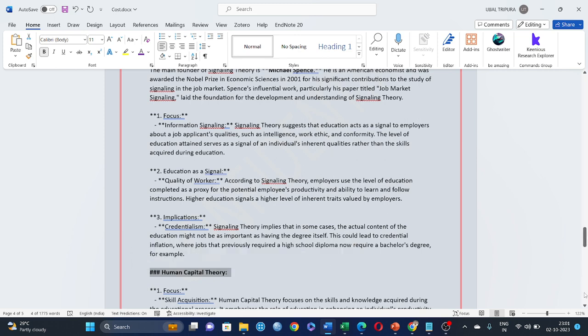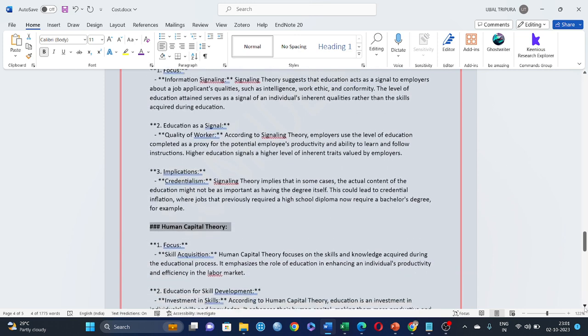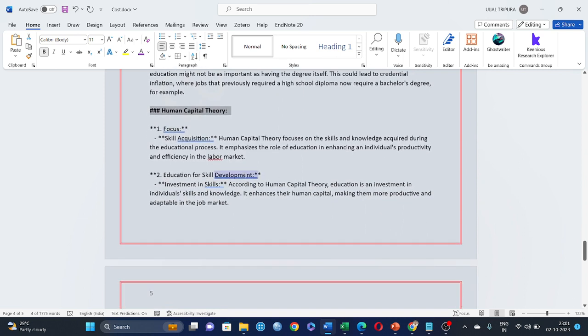Human capital theory we will see here. The focus is skill acquisition. Human capital theory focuses on the skills and knowledge acquired during the educational process. As students of MA, you are now learning some skills related to teaching and learning. It emphasizes the role of education in enhancing individual productivity and efficiency in the labor market.